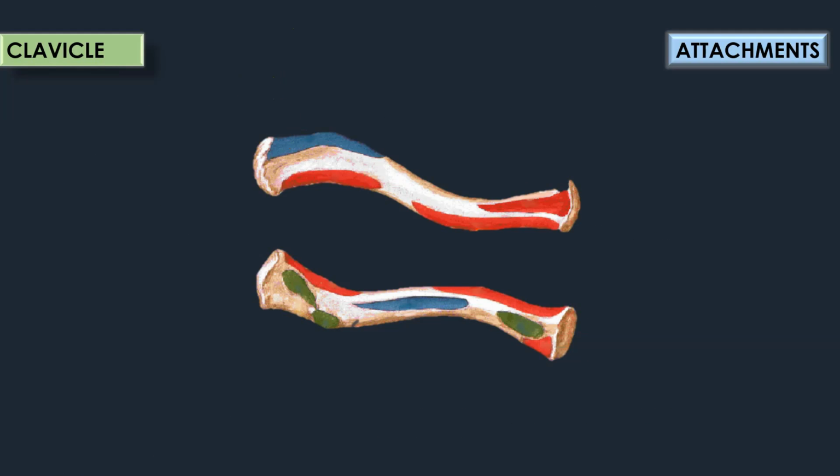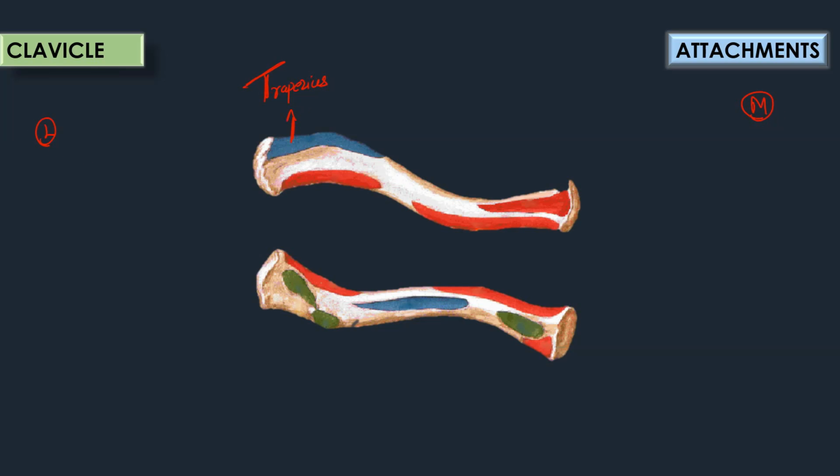So let's quickly look into attachments. The blue one here is the insertion, and the red one will be our origin, and the green indicates the ligaments. So for the blue one, let's start with top. Remember, T is trapezius. Okay, not to forget, this is our lateral end, and this is our medial end.